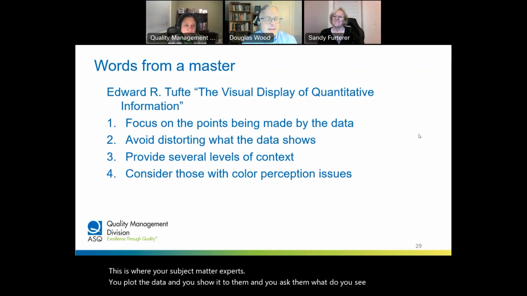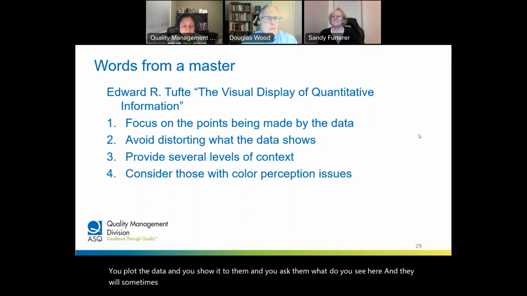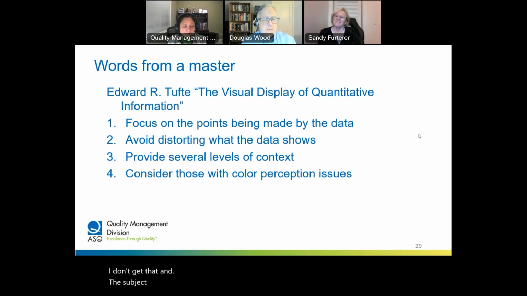And they will sometimes just go, oh, well, yeah, of course. Or sometimes they'll say, I don't get that. And the subject matter experts have the expertise to interpret what the graph is saying. So yeah, you have to have the people around who know what's happening on the ground.